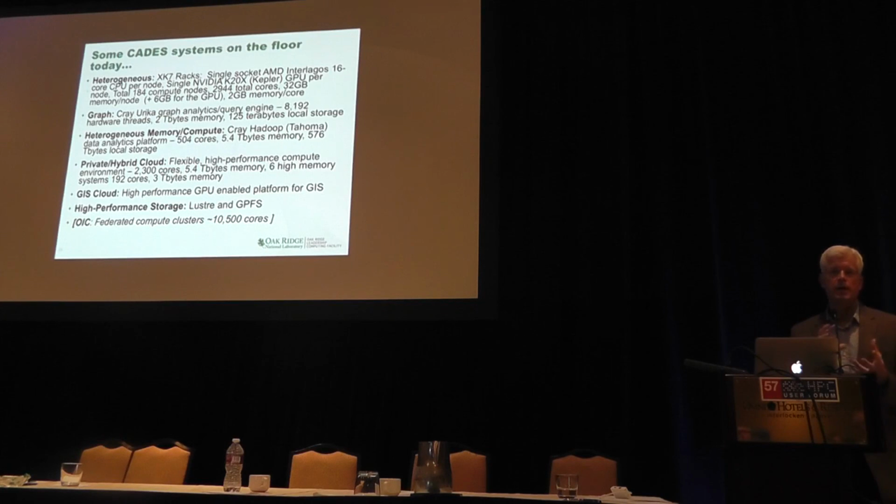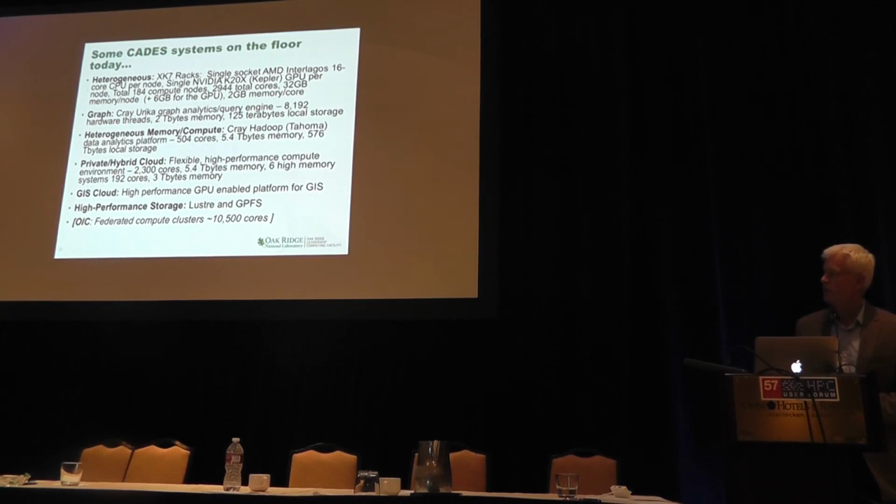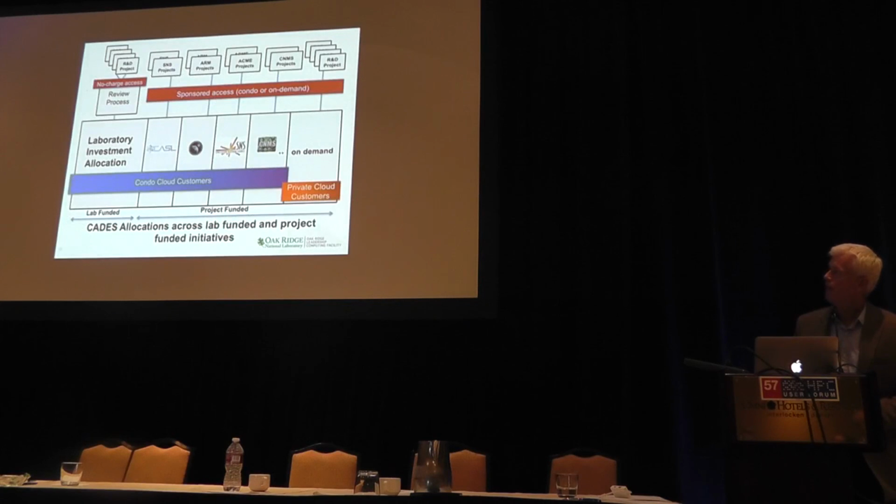CADES will subsume all that, and all the local institutional computing will be part of CADES, but we're going to have the data science and data analytics software and hardware all part of the same system, okay? And having it be able to integrate with and talk with Titan and the OLCF is also instrumental. So that's an idea of where we are now, and this ecosystem is growing by leaps and bounds, frankly, every year.